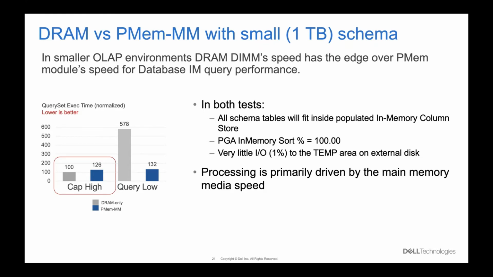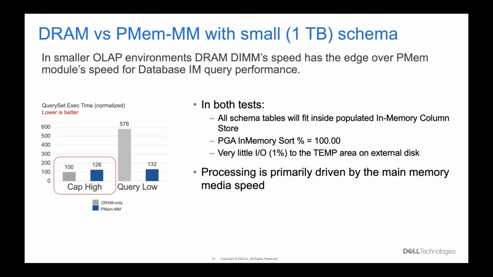And just to be sure, we checked in AWR reports that in both cases, all data was populated in memory. The PGA in-memory sort was 100%, and the IOPS to disk was close to 0, within 1%. The conclusion from that observation is that processing in such small schemas is primarily driven by main memory media speed.